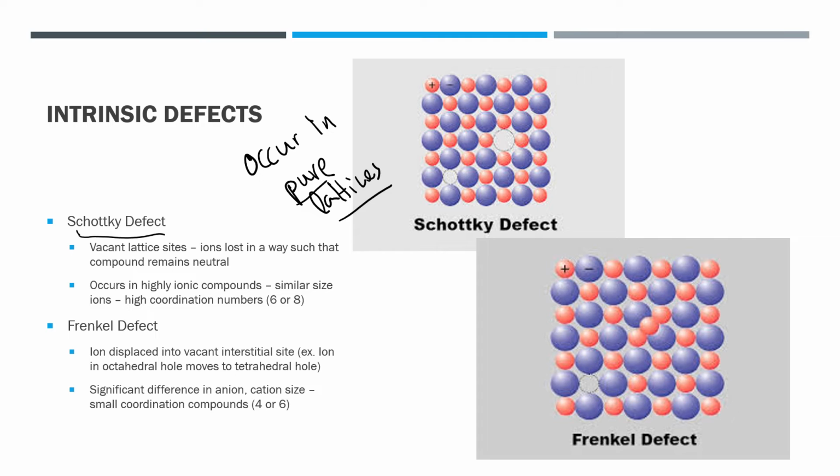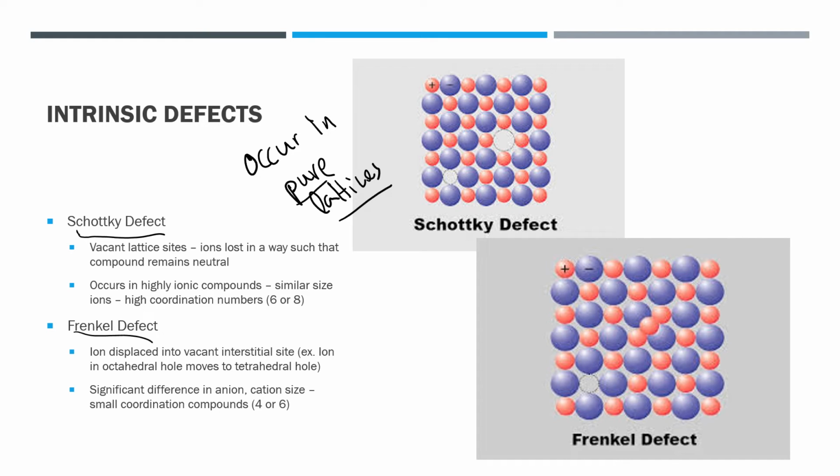One is the Schottky defect, and the other is the Frenkel defect. First, we're going to talk about the Schottky defect. Essentially, what Schottky defect means is that we have these vacant lattice sites, and the ions in the lattice sites are removed in a way such that the compound remains neutral, which makes sense, right?